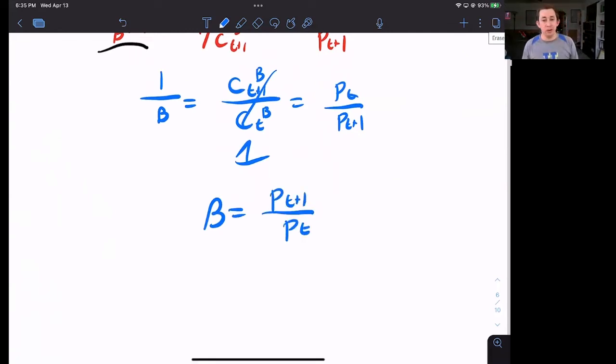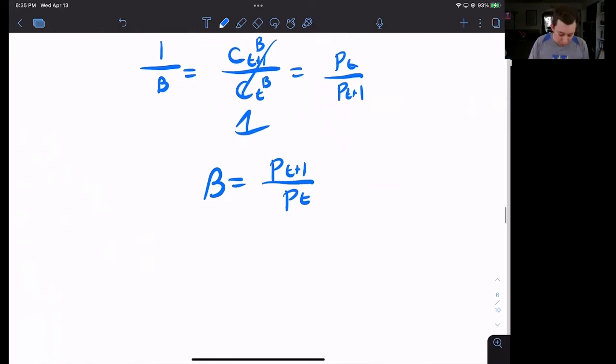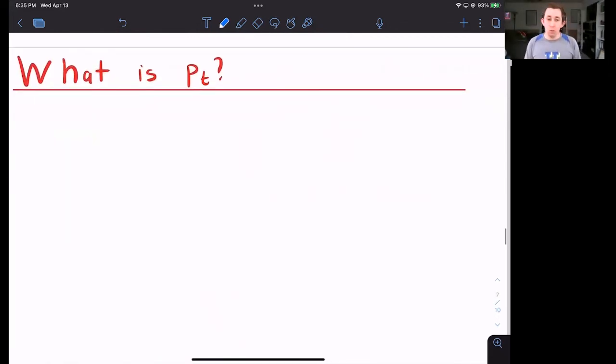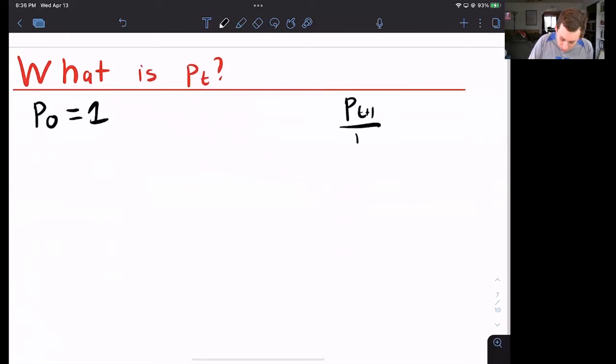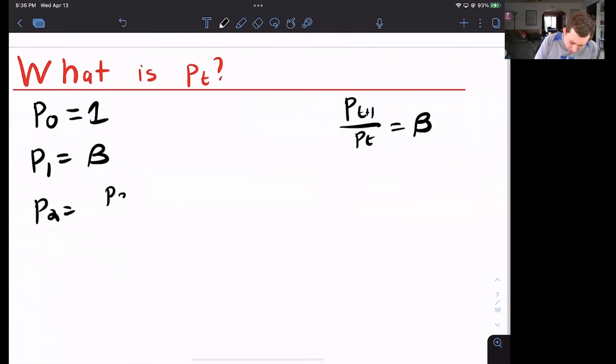And that is a super useful result, which we're going to push a little further as we think about, well, what is p_t in general? Well, we know that we've normalized p_0 to be equal to 1. We also know that p_{t+1} over p_t is equal to beta, which means that p_1 must be equal to beta. What is p_2? p_2 is just p_2 over p_1 times p_1 over p_0.